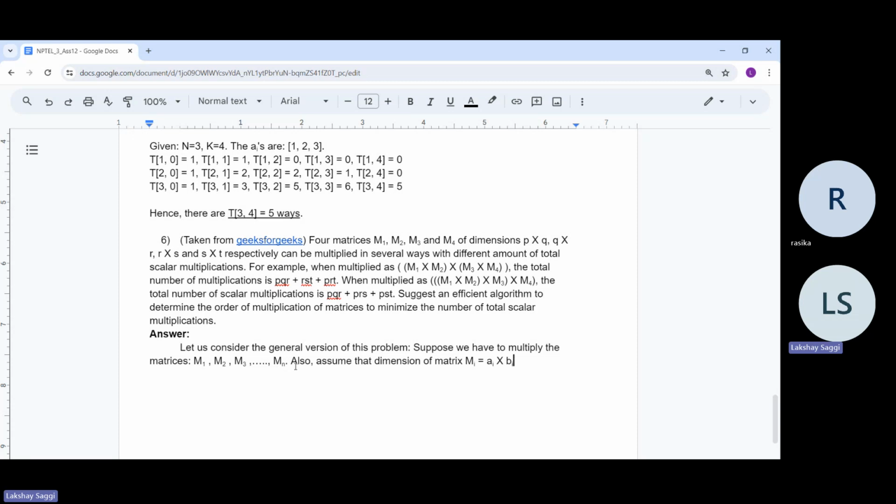What this means is that the matrix Mi has Ai rows and Bi columns. And we are given that these matrices are multipliable.